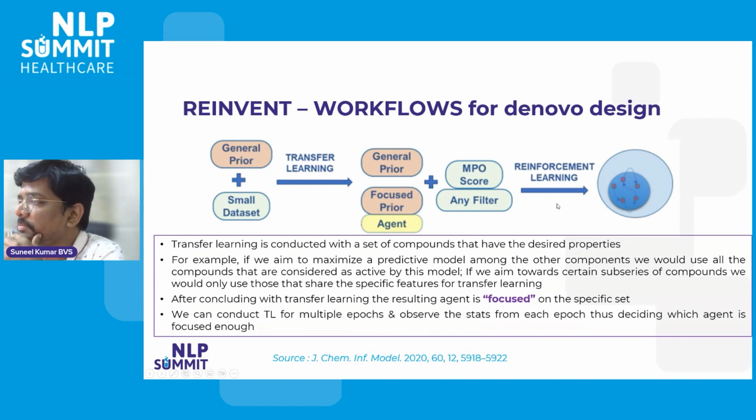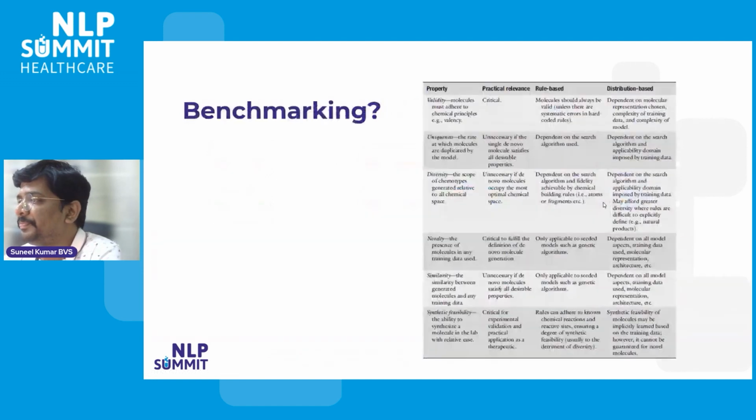Then reinforcement learning gives a reward that matches all these criteria and designs target-specific molecules based on the desired property thresholds.